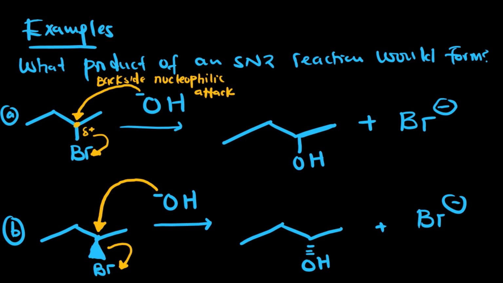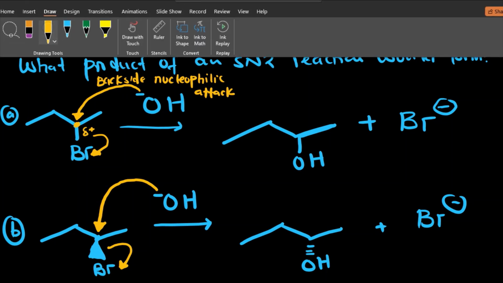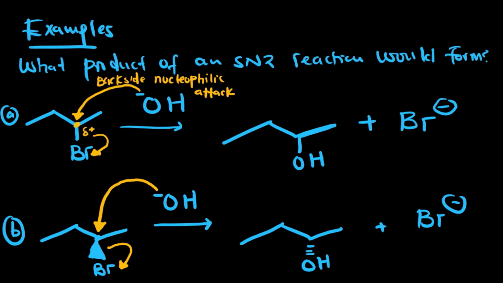Whenever you are doing an SN2 reaction, always remember this. If your substrate, the alkyl halide that is reacting, is an R configuration, the product that is going to form is going to be an S configuration product. So this product here is simply S-2-butanol.